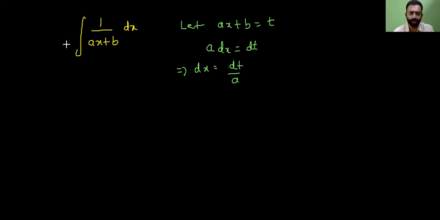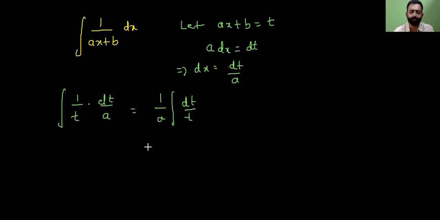So this integral will now be converted into the integral of 1 upon t, and dx value is dt over a, where a is a constant. If this is a constant, you can take this outside and it is just dt over t, which is nothing but 1 upon a ln t, and replacing the variable back to ax plus b, you will get 1 upon a log of ax plus b plus c, right?